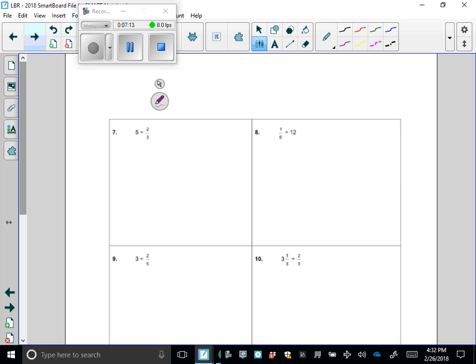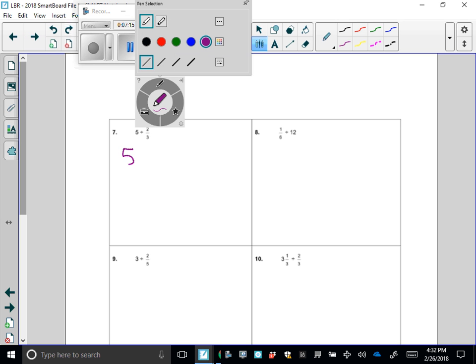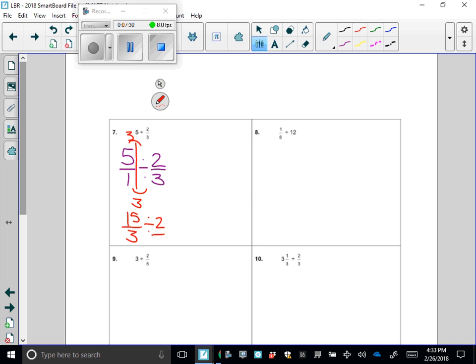So let's look at this one. 5 divided by 2/3. Denominator is 3. 15 thirds divided by 2/3 is 15 over 2, which is 7.5.